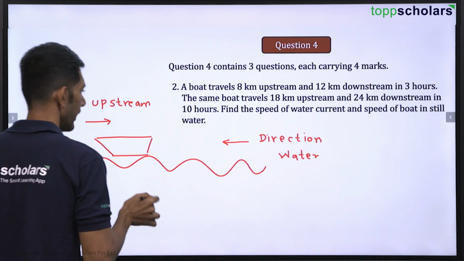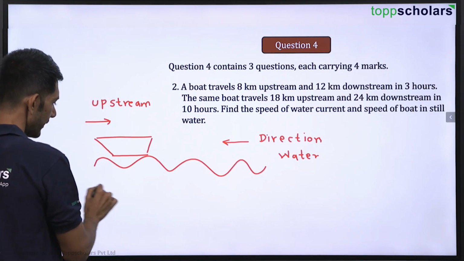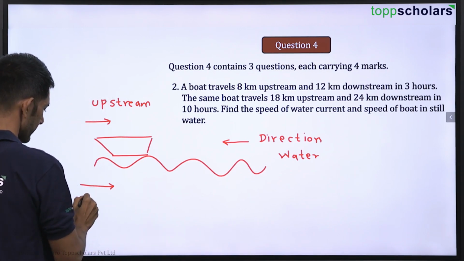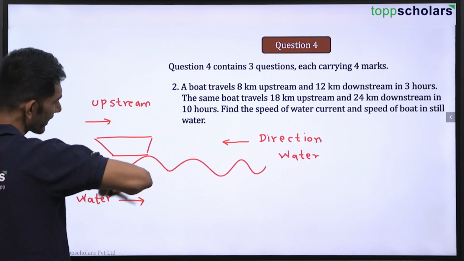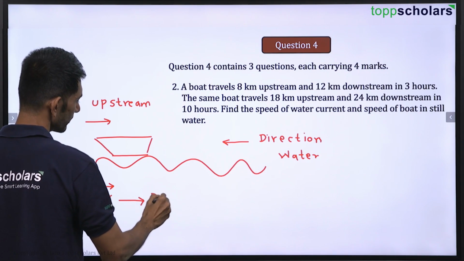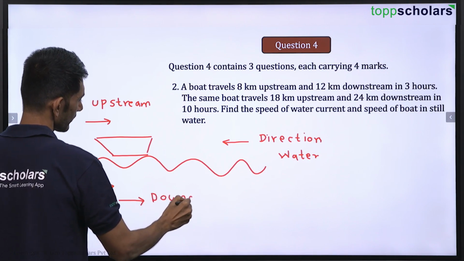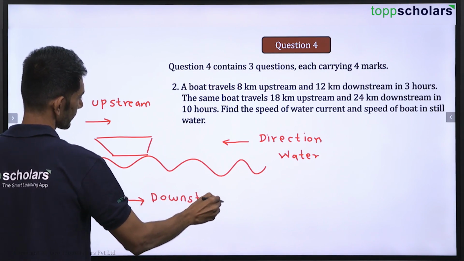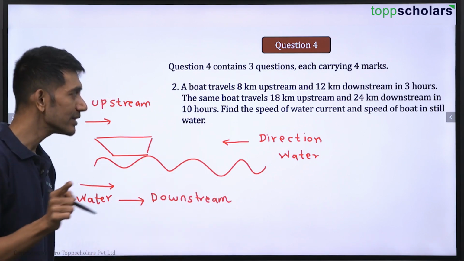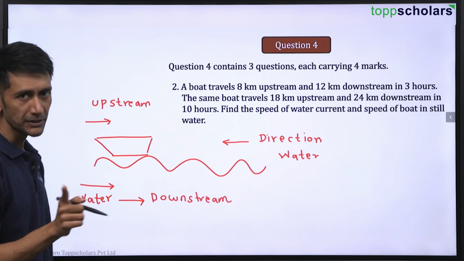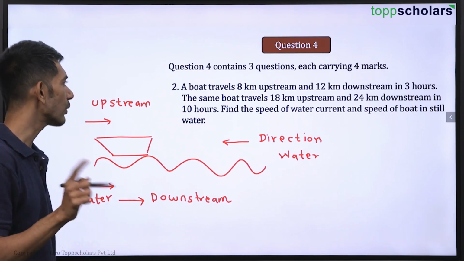And if the water is flowing in this direction and the boat is also moving in this direction, that is downstream. So if you see, it will always take more time for upstream and less time for downstream.